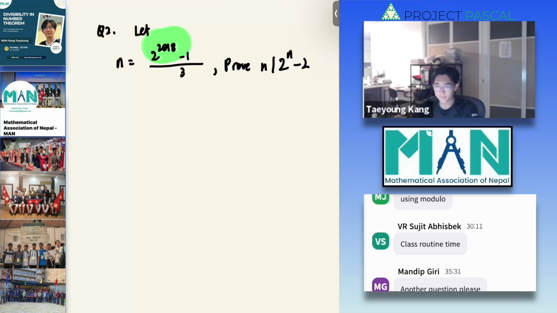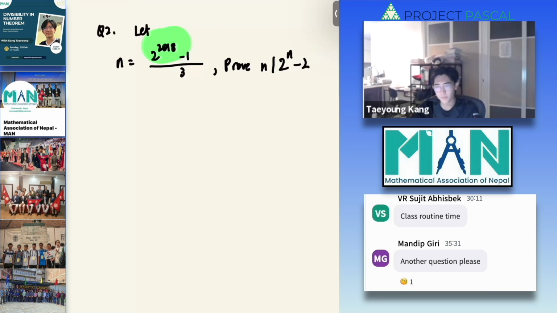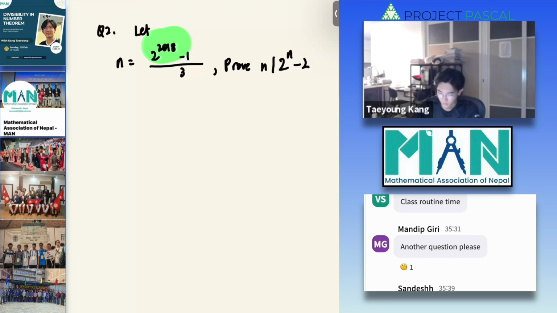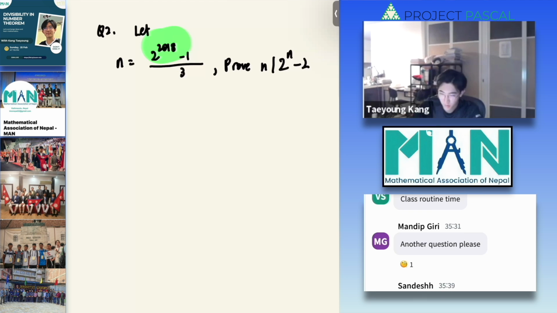So the first observation here is that we let 2 to the power of n be congruent to 2 to the power of r mod n.